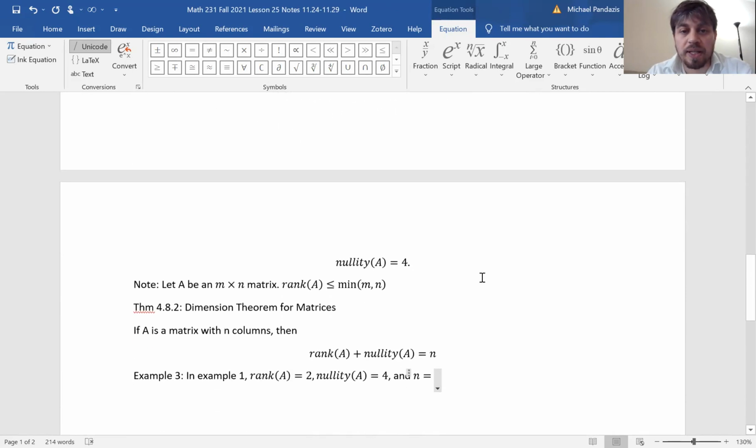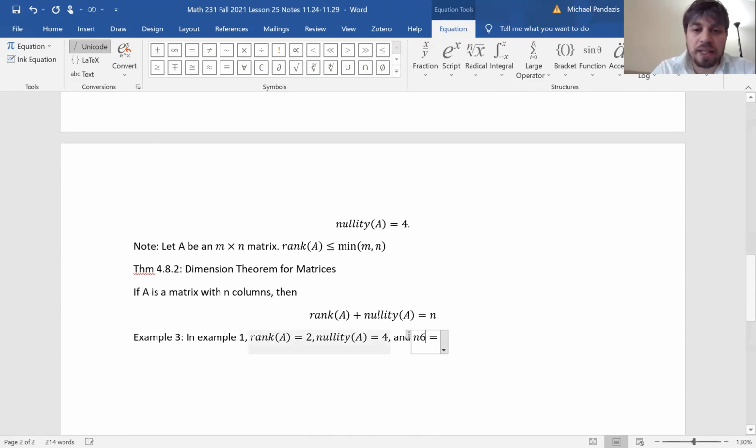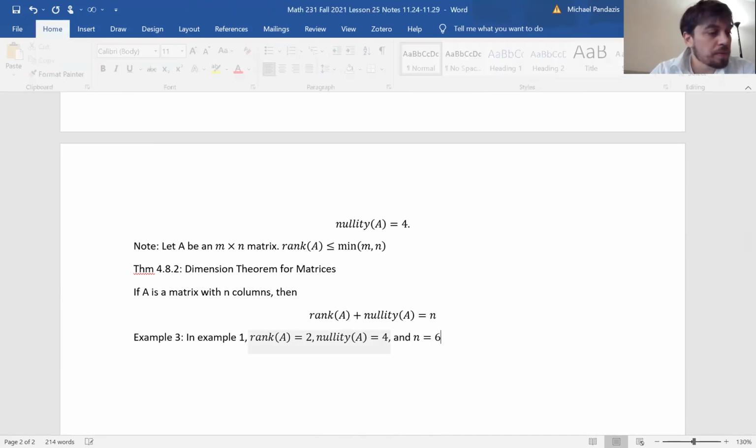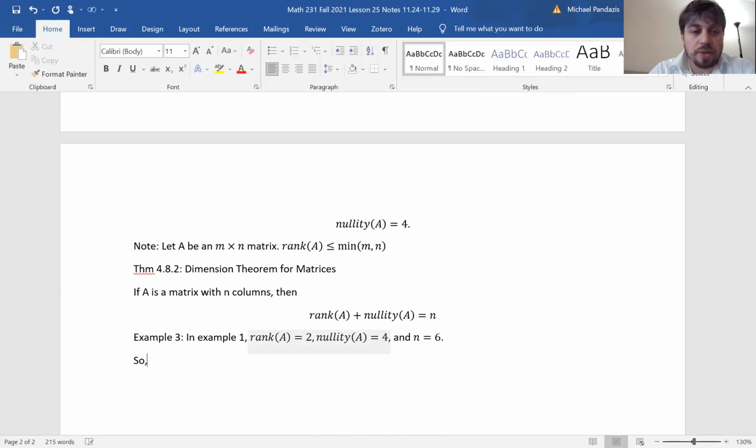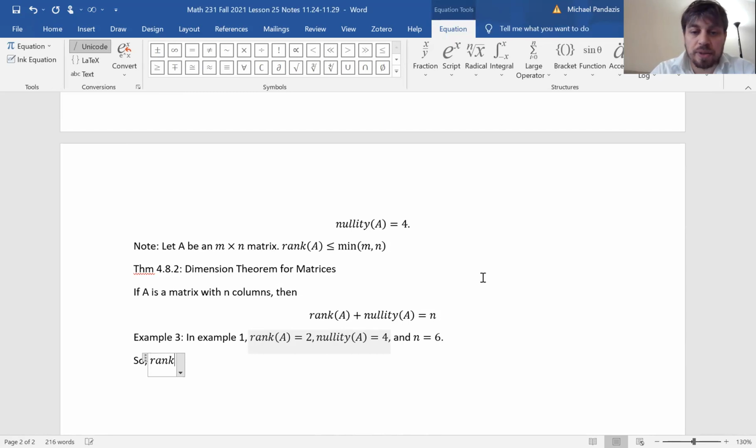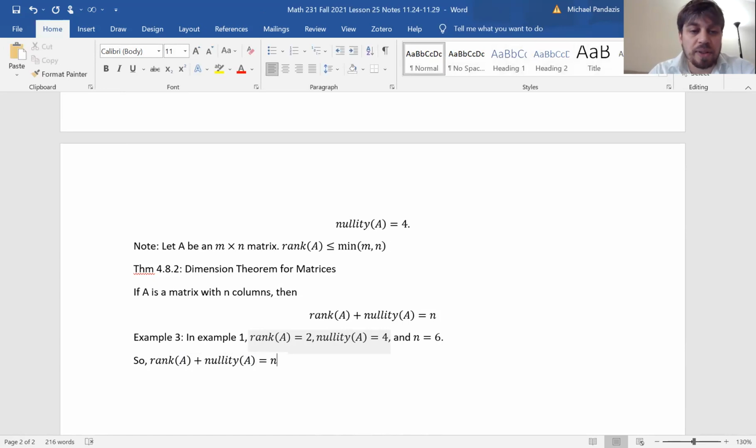There are 6 columns, so n equals 6. If you take the rank, which is 2, and add the nullity of A, which is 4, 2 plus 4 is 6, which is n. So rank of A plus nullity of A equals n in Example 1. That applies to the example we just did.